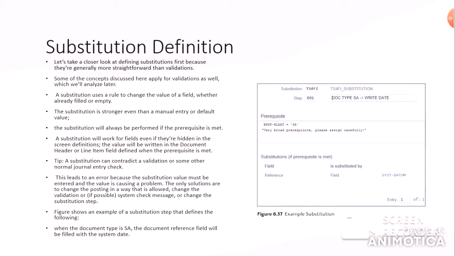This leads to an error because the substitution value must be entered and the value is causing a problem. The only solutions are to change the posting in a way that is allowed, change the validation, or if possible the system check message, or change the substitution step. Something we have to change.